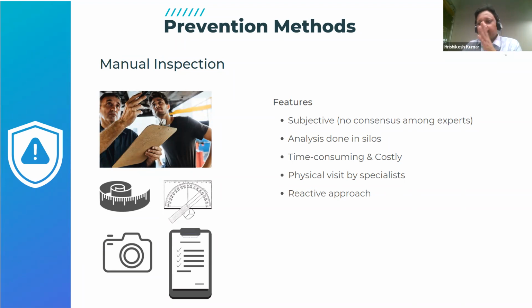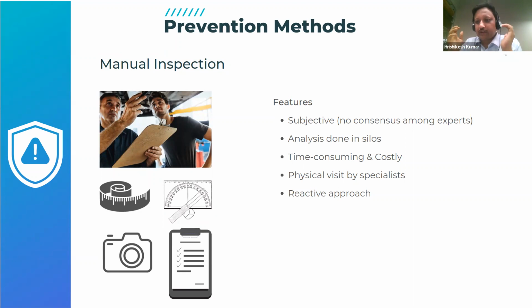Some industries have their own in-house safety team of people who are trained in environment health and safety. They come and do the inspection, and they try to make sure that things are done the right way. So it's a very manual process which was there till now, and which is still in practice in most of the places.